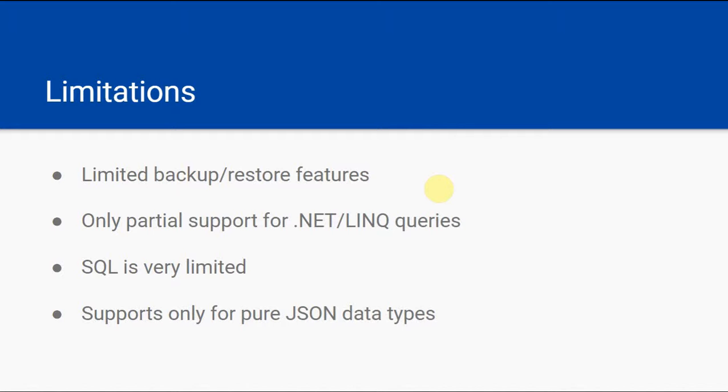And also Cosmos DB supports only pure JSON data types. Providers like MongoDB and Cassandra allow for various complex data types, but here that's not the case.